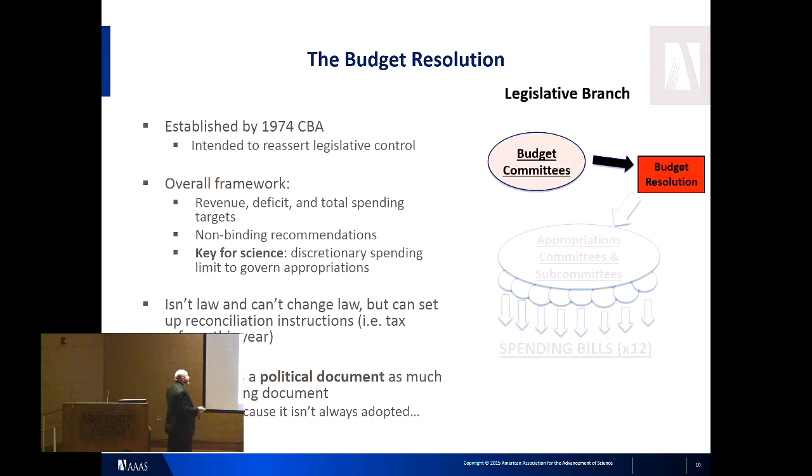Well, that's all fine and good, but if the Congress isn't willing to adopt that overall discretionary spending increase, the president's budget isn't going to matter a whole lot. So the budget resolution is very much a political document. It sets a discretionary spending limit, and it is the process through which the Congress chooses that limit.